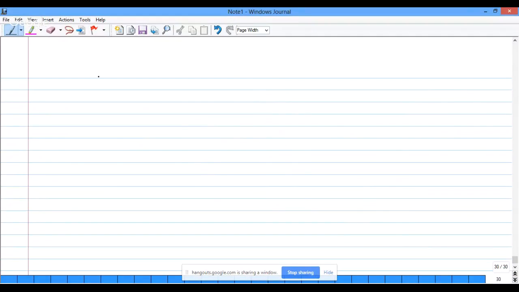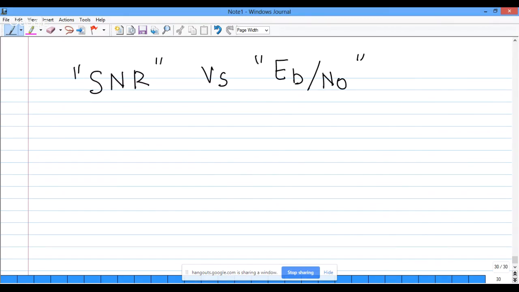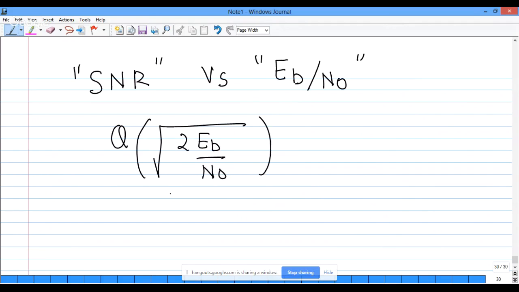Then the next question that we have is, when should I use SNR and when should I plot my results with Eb/N0? Let us take an example of BPSK. In BPSK, the probability of error is Q of root of 2 Eb/N0.